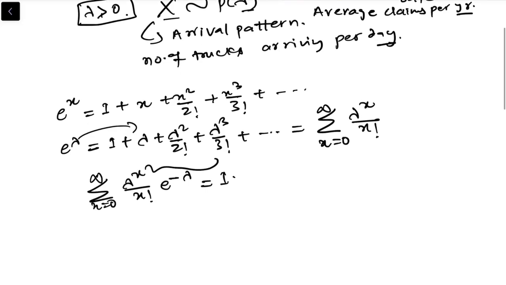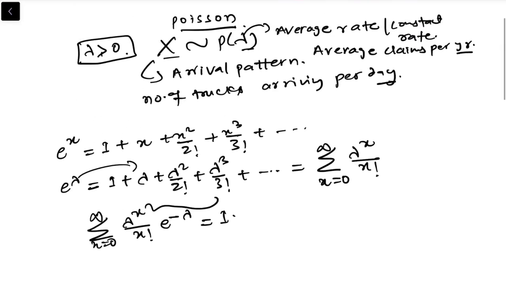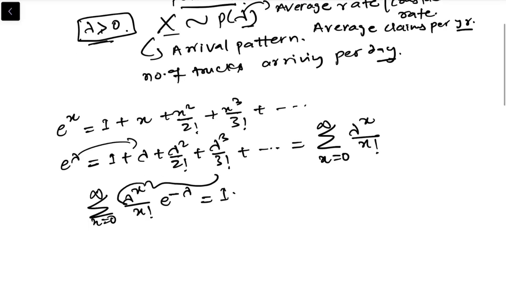Now if you remember the conditions of a valid PDF, then the values of the function should be positive. Okay, so here the given lambda is positive, and x ranges from 0 to infinity, which is positive, and the exponential is positive. Okay, so the value of this function is positive.